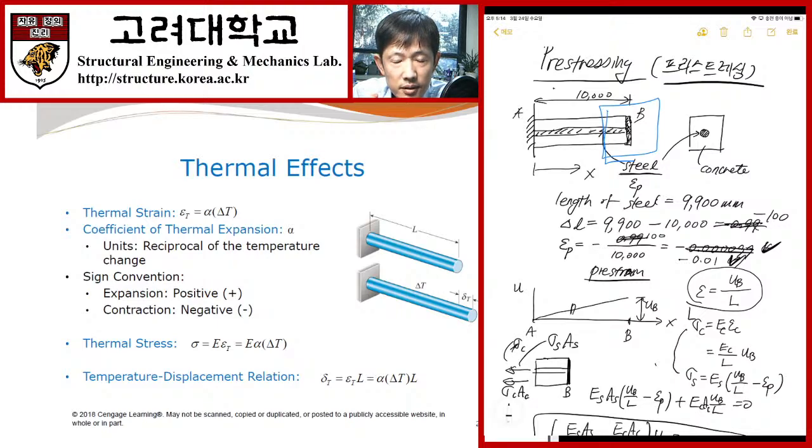But the strain subjected to the compatibility condition is not the strain subjected to the material law. Okay? The strain subjected to the displacement compatibility condition is the total strain.